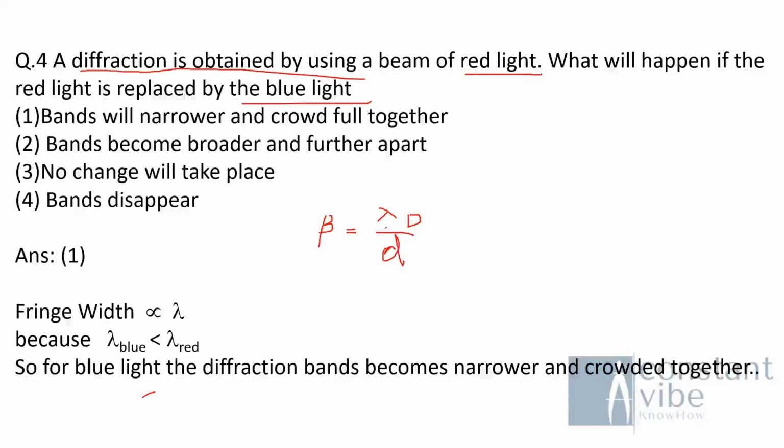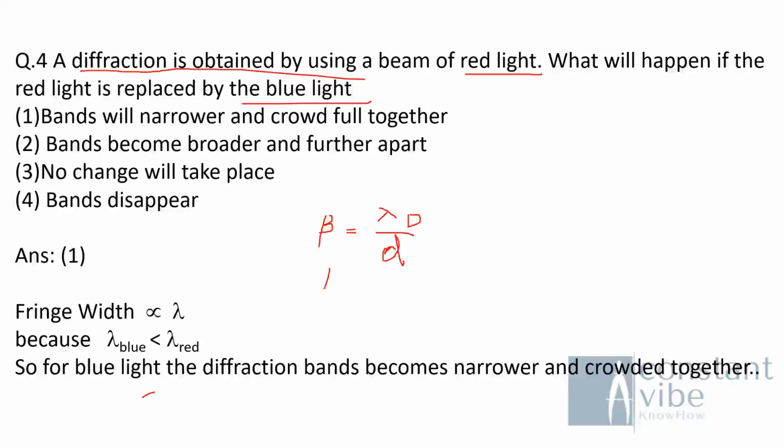Okay, so in this case we are using red light and blue light. What change will happen? There is no change in the distance of the screen and the slit width. So both these parameters are not varying, and the only varying thing is lambda.